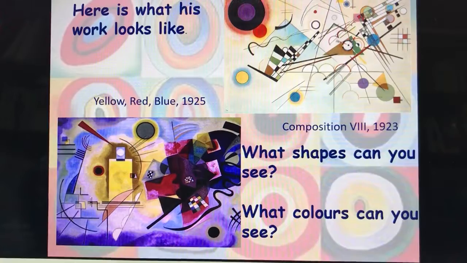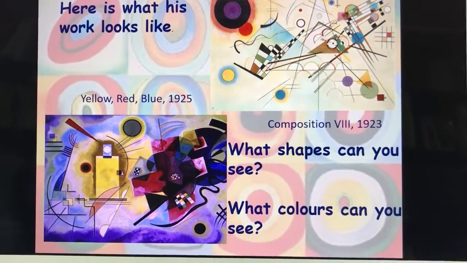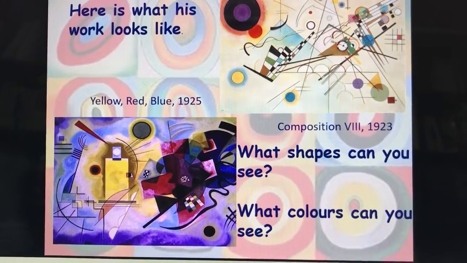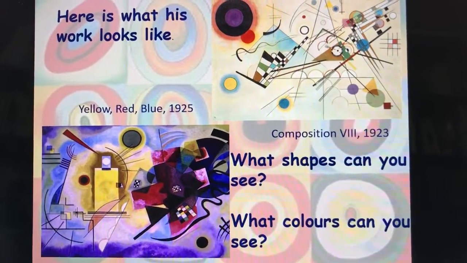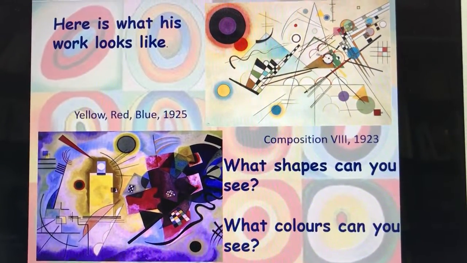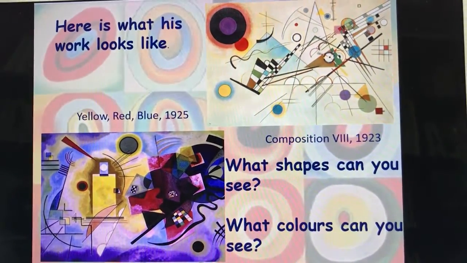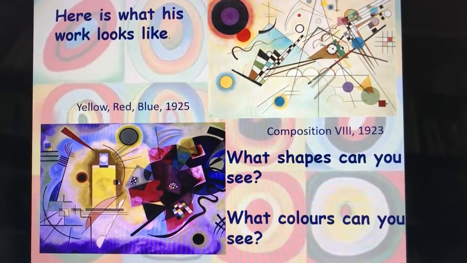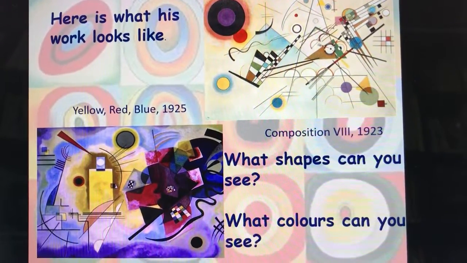The one on the top is Composition, 1923. The one below is Yellow, Red, Blue, 1925. Sometimes he didn't put any title on a painting. Then he just put either Composition or Untitled. So it's a very simple way he titled his works.